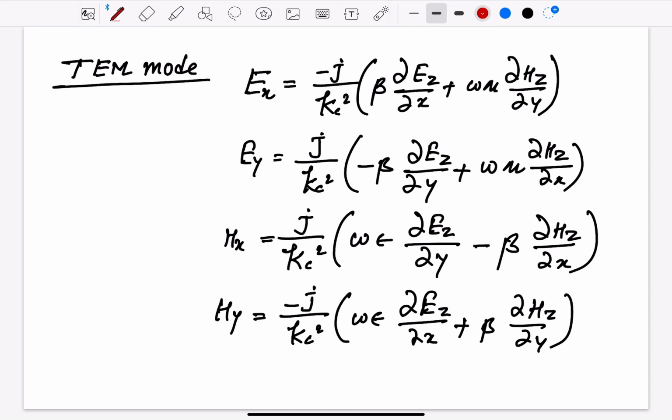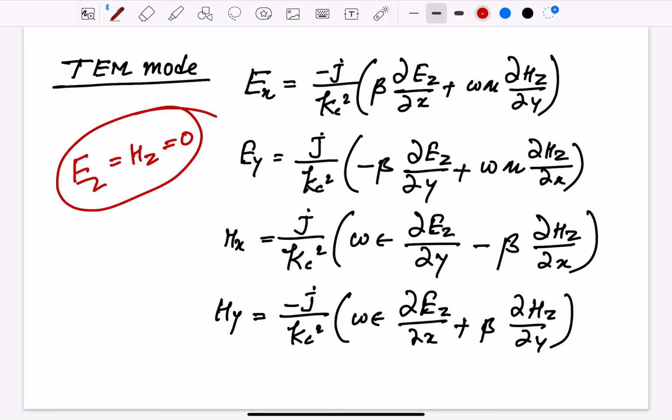Now let us try to get an idea about the TEM mode. It is defined here that Ez and Hz are supposed to be 0. So the TEM mode is defined by putting the Ez component and the magnetic field Z component equal to 0.